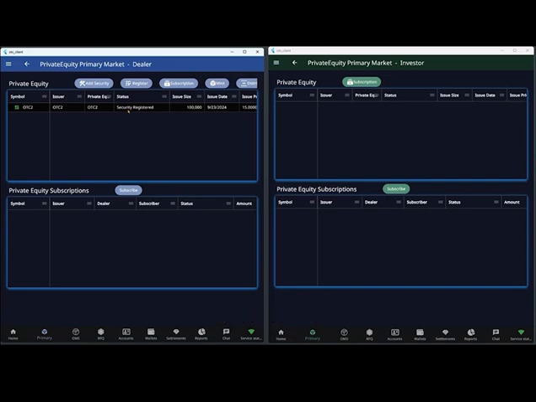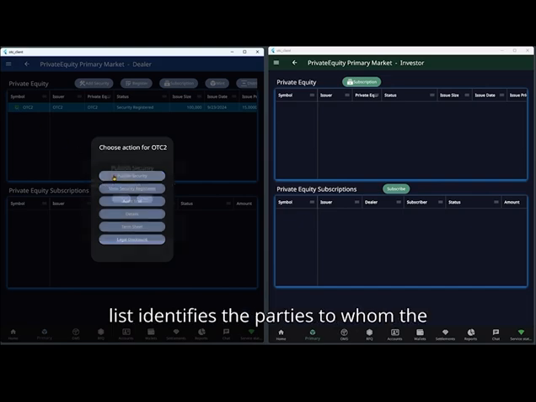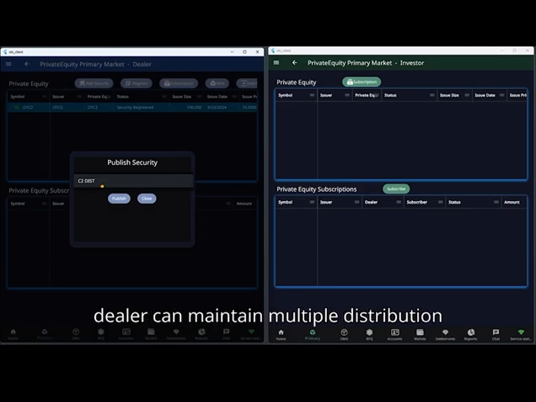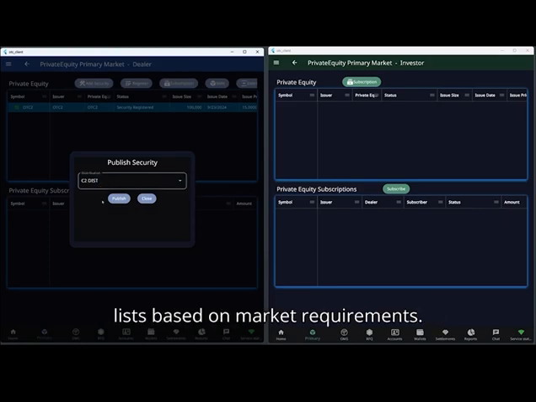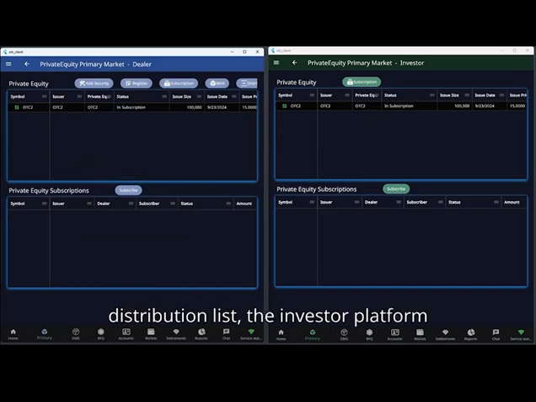After the security is registered, the dealer then publishes the security to a distribution list. The distribution list identifies the parties to whom the security details are published. The dealer can maintain multiple distribution lists based on market requirements. Since the investor is part of the distribution list, the investor platform shows the just created private equity.